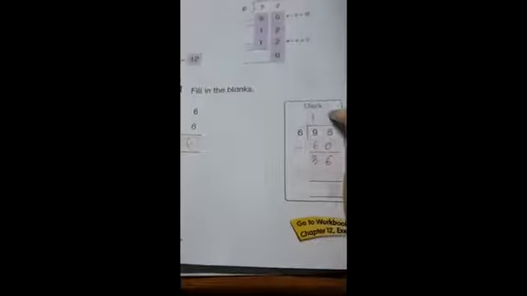Now move to find the quotient. 96 divided by 6. Don't forget this one is tens, this one is ones. 9 divided by 6 is 1. 1 times 6 is 60. 6 minus 0 is 6. 9 minus 6 is 3. 36 divided by 6 is 6.